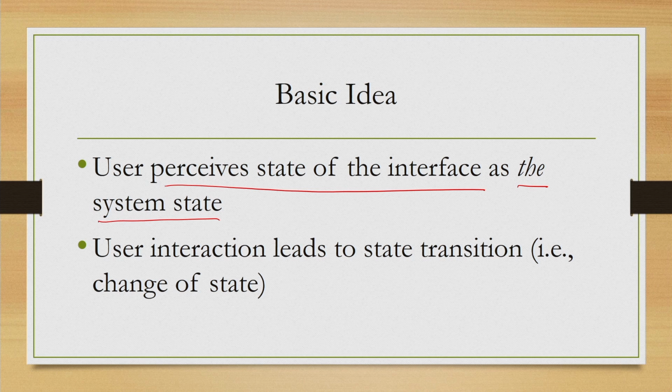The user is only concerned about what he or she can perceive on the interface, and that is the state of the system for the user. And user interaction leads to state transition. So, essentially by interacting with the interface, the user can take the system to a new state. These are the basic components of a view of the system, where we think of the system as a dialogue between the user and the computer.